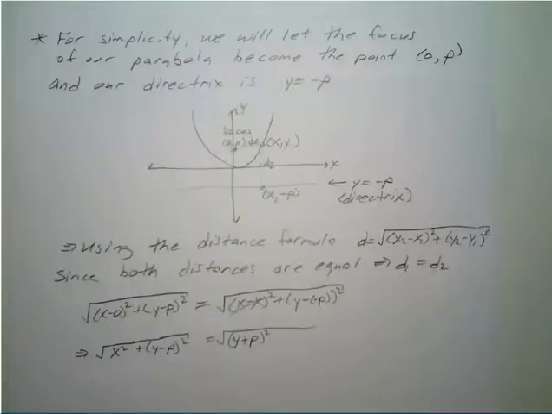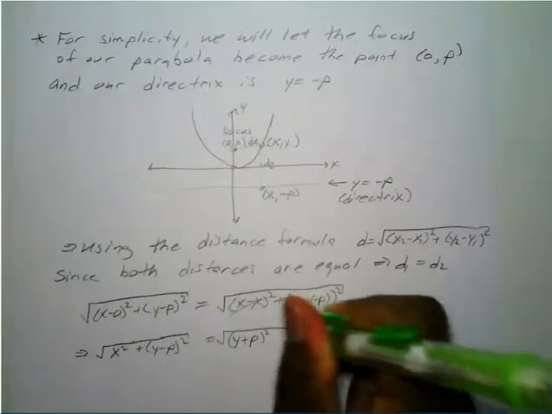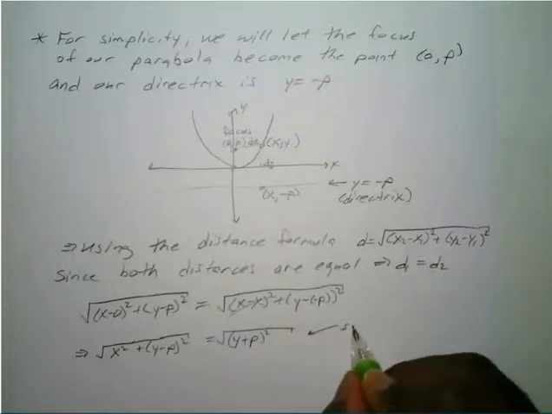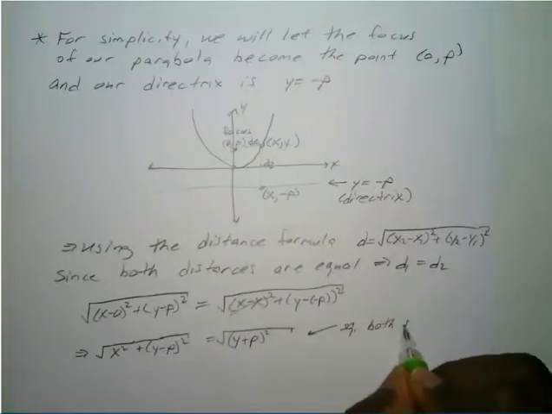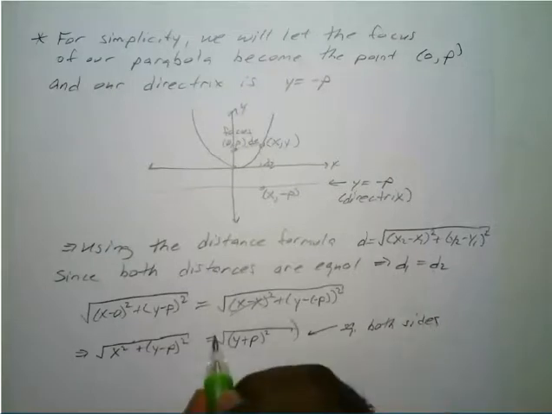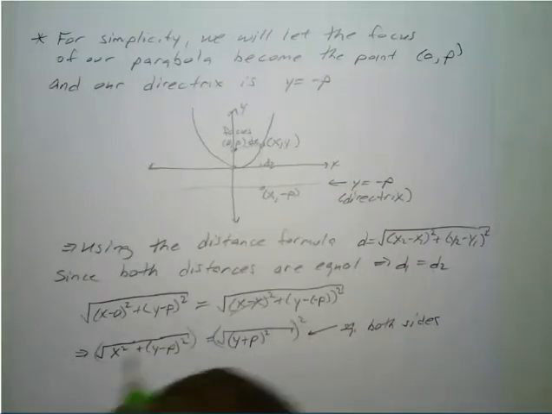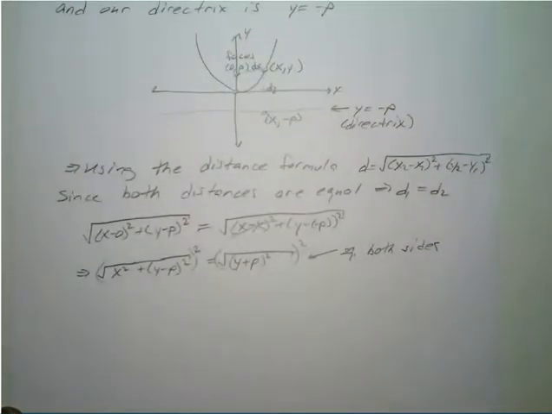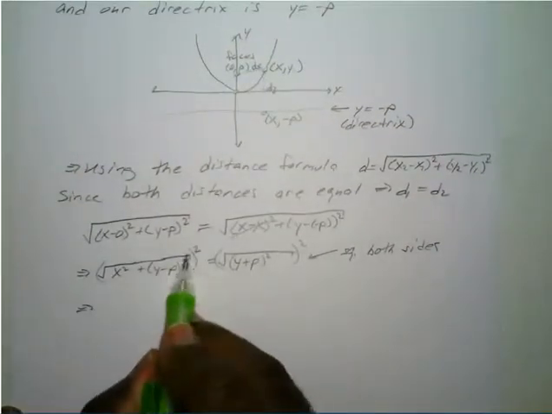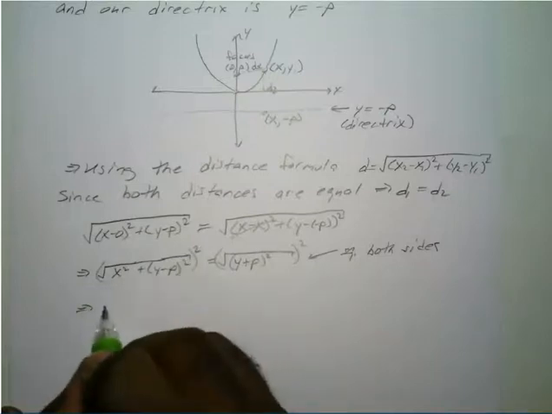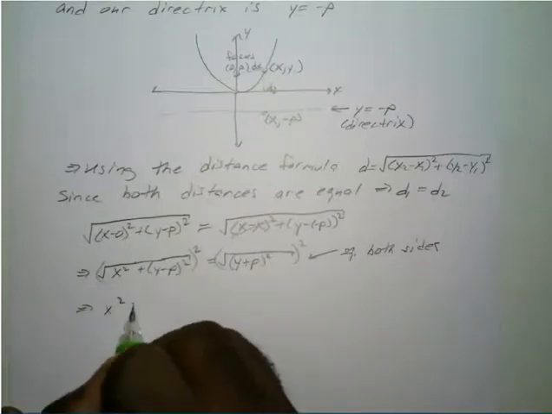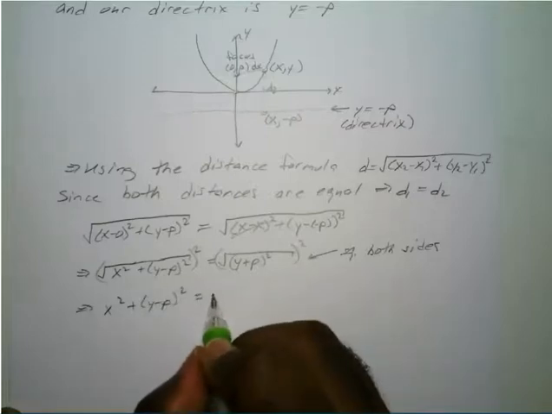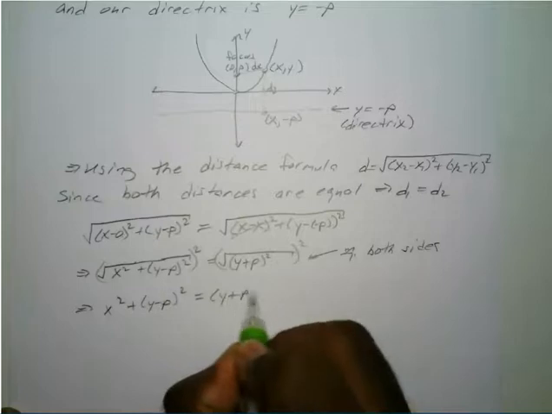Now we go ahead and square both sides. The square and the square root cancel each other out, so we end up with x squared plus (y minus p) squared equals (y plus p) squared.